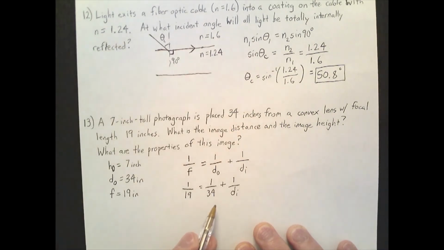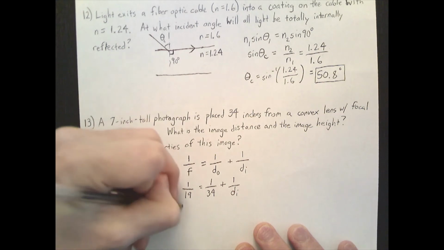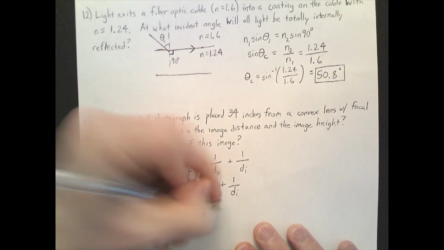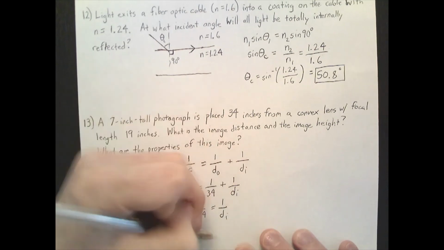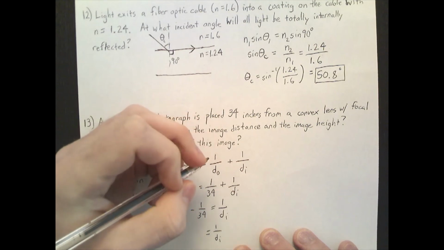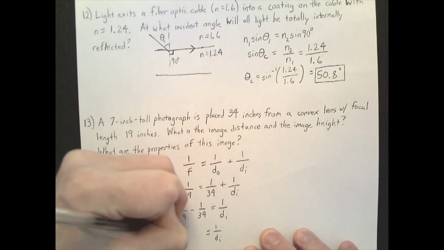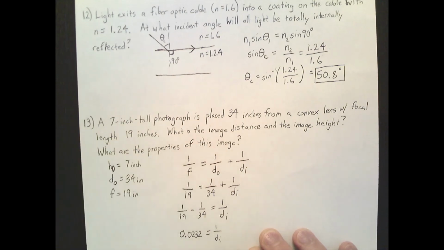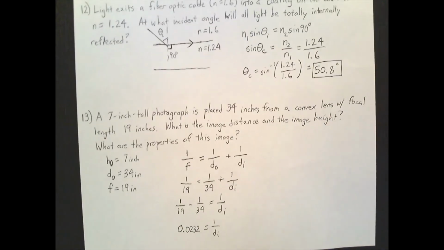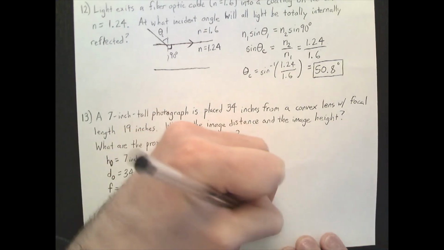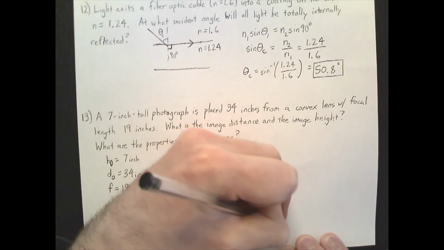I'm going to subtract 1/34 from both sides of the equation, and then I can put that into my calculator to get what 1 over di is equal to. That should be about 0.0232. I'm not done yet. I don't have di. I have to take the reciprocal of both sides of this equation to get that di has a value of about 43.1 inches.